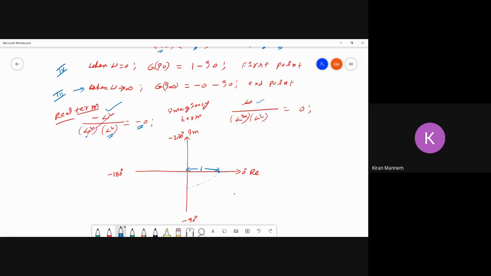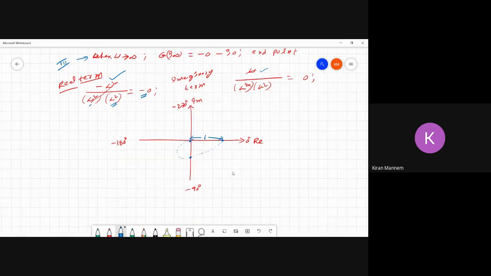If you substitute the values, it must cross this imaginary axis. We know the starting point in the fourth quadrant, and the last point would again be minus 0, j0, in the third quadrant. So it should reach like this. I'm approximately drawing the polar plot, so it would be like this. Okay, so let us look at the crossover point.